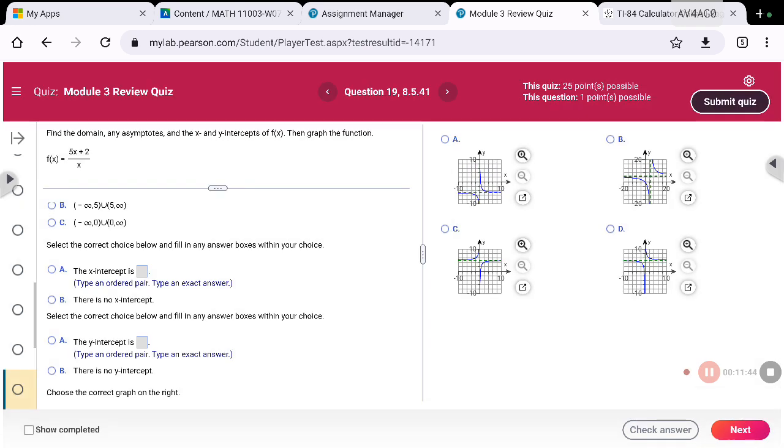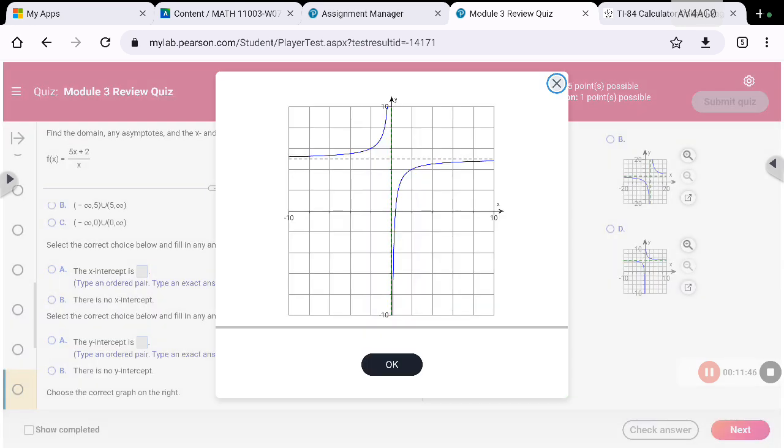Let's look at C. So vertical asymptote, x equals 0. Horizontal is in the right place at y equals 5. So now let's look at our other characteristics. Remember where your x-intercept was. It should be at -2/5. So here's my x-axis. -2/5 means that should be crossing the line at that point.